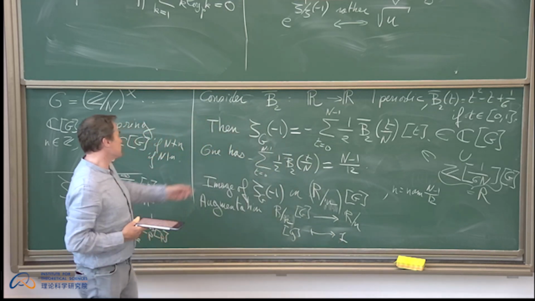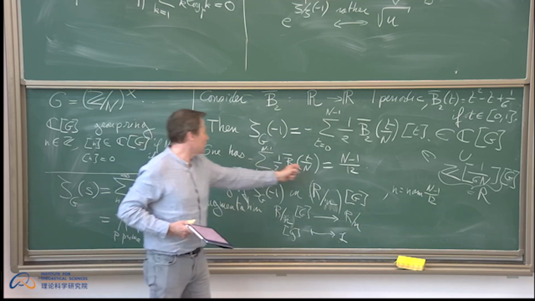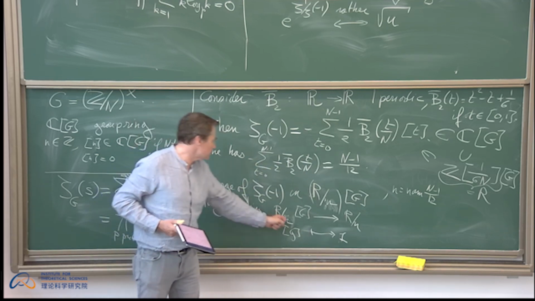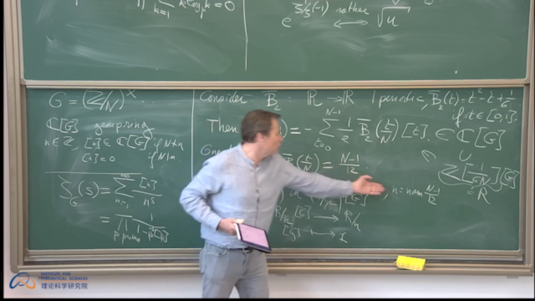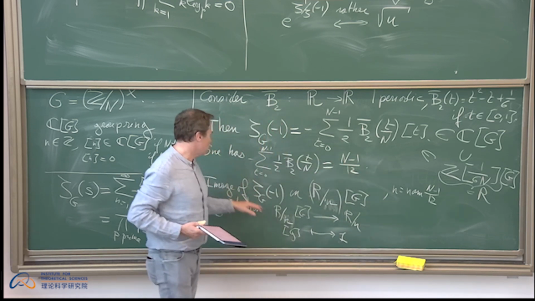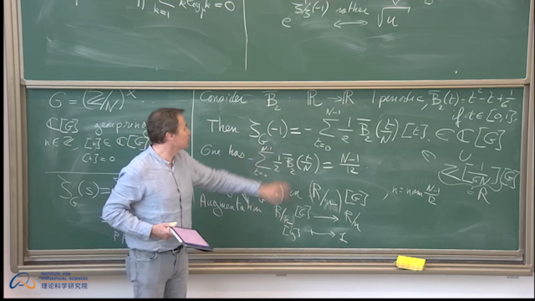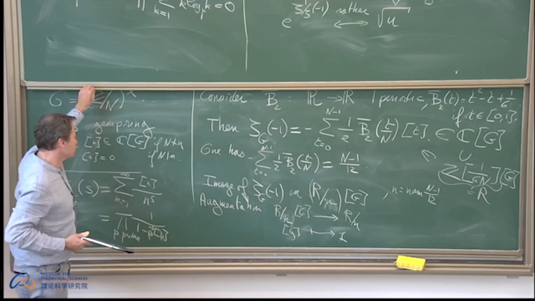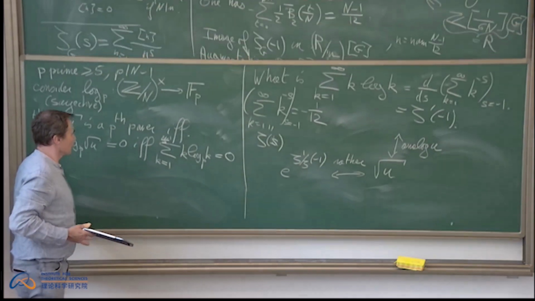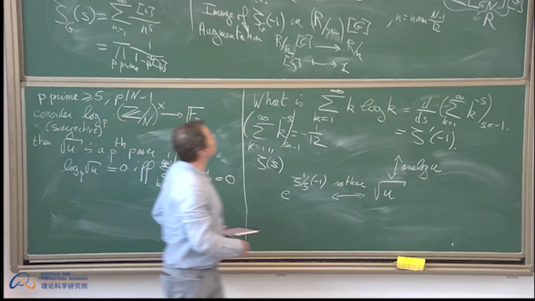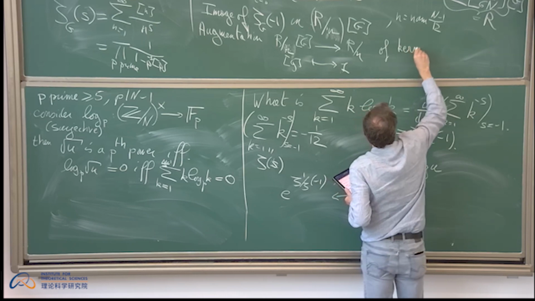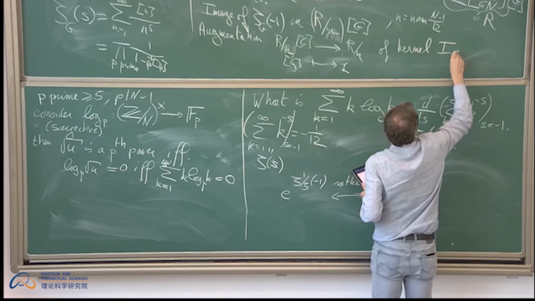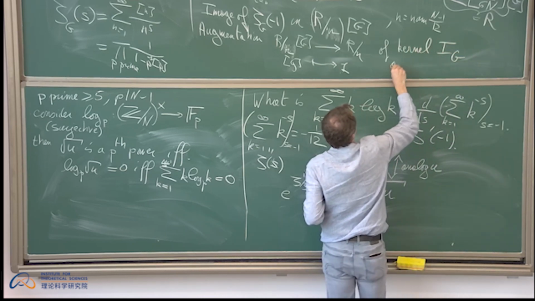Okay, so because of this formula here, the image of this element in that ring is n minus 1 over 12, which is 0 modulo n. So the augmentation map vanishes on that thing. And the kernel of this map is the augmentation ideal.